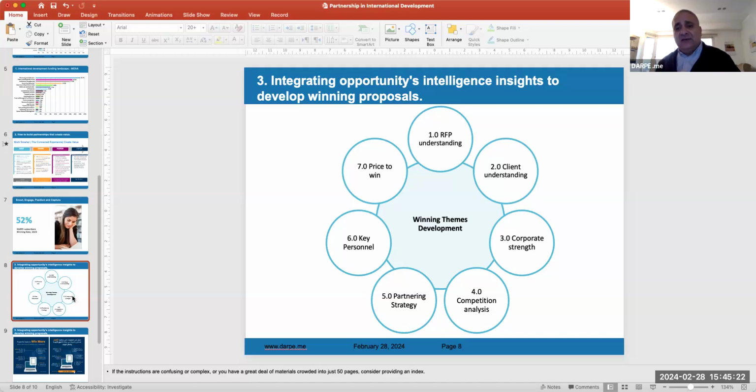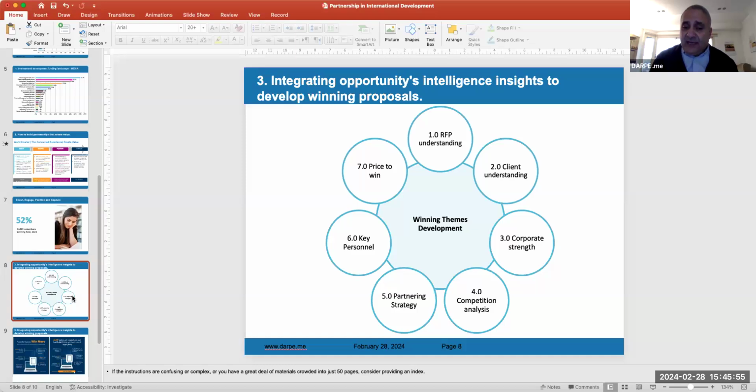The third one is you need to understand yourself, your corporate strength, who you are, what you are bringing to the table, and then the competition analysis. So you understand how to level the field, how to compete, how to unseat competitors. By this understanding of the competition, you will certainly get ideas that you may include in your proposal, what you call winning themes.